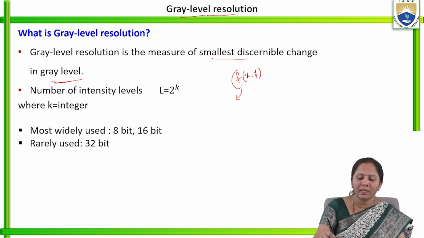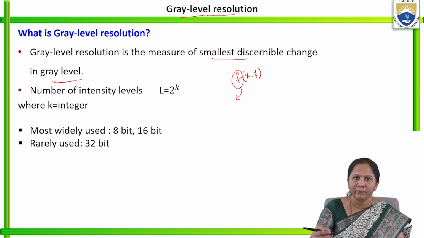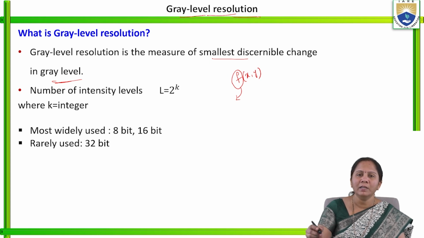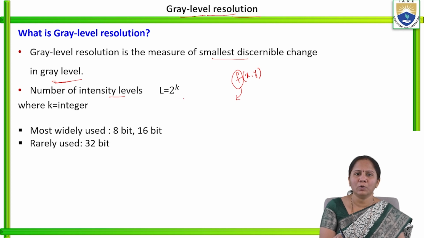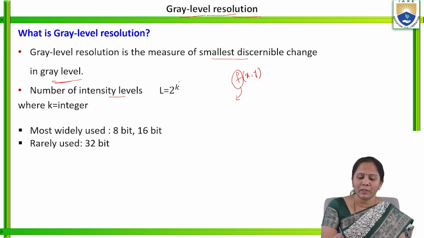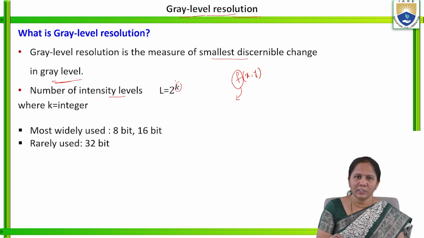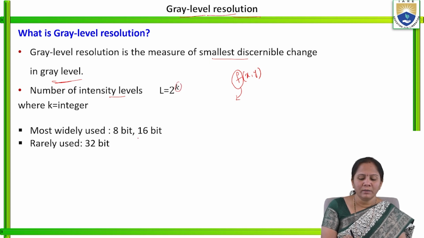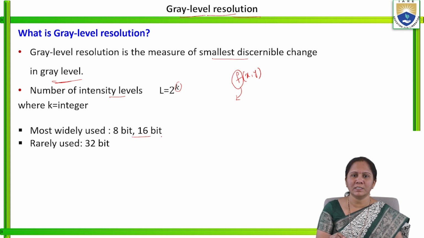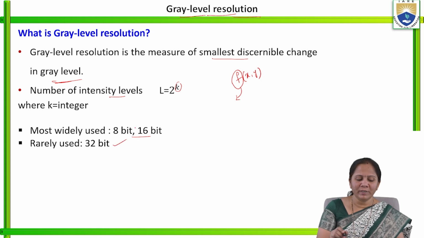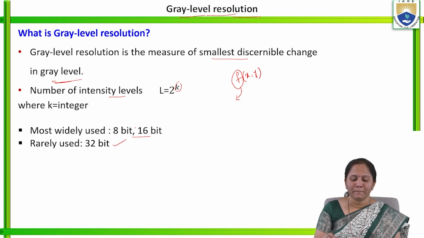By making changes in the value of f, we can have gray level resolution. How many intensity levels there are, we know from the formula L is equal to 2 power k, where L represents the number of gray levels and k represents an integer value. Most widely used are 8-bit and 16-bit, whereas 32-bit is rarely used.